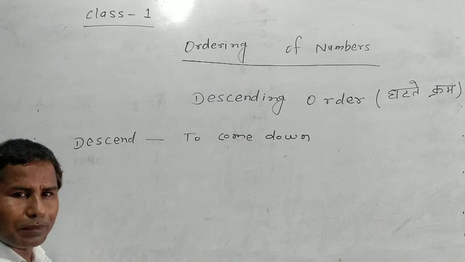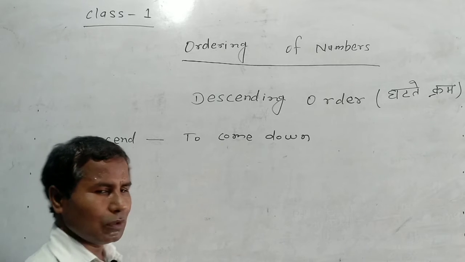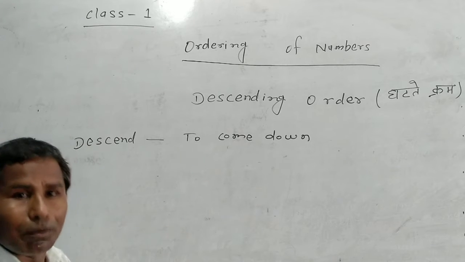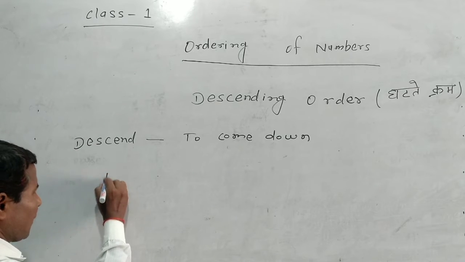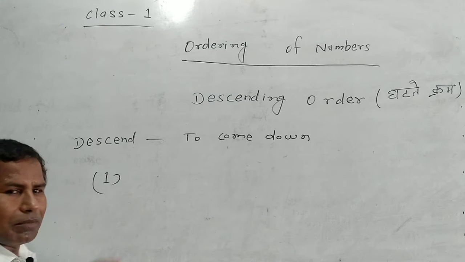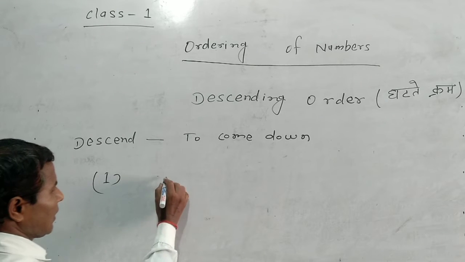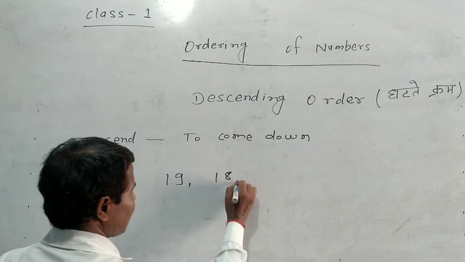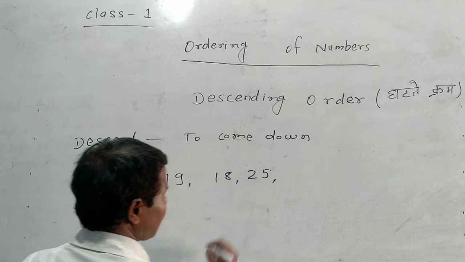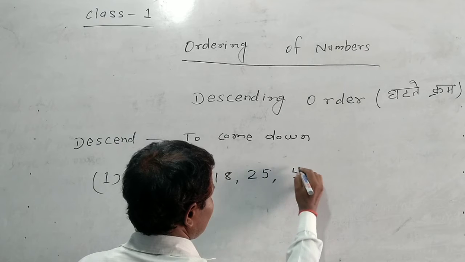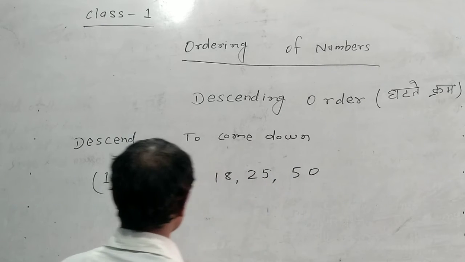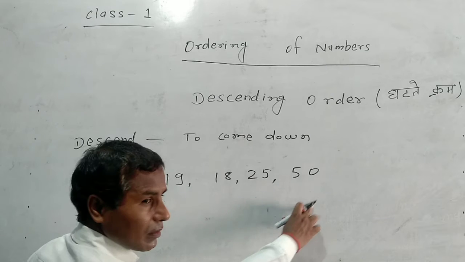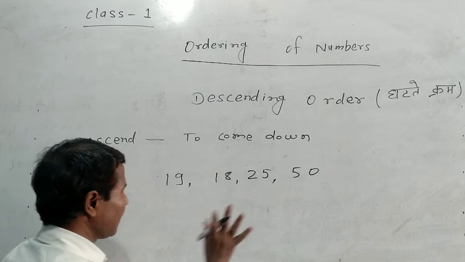Now, you have to understand through some example. First, here some numbers are given: 19, 18, 25, 50. You are looking carefully.